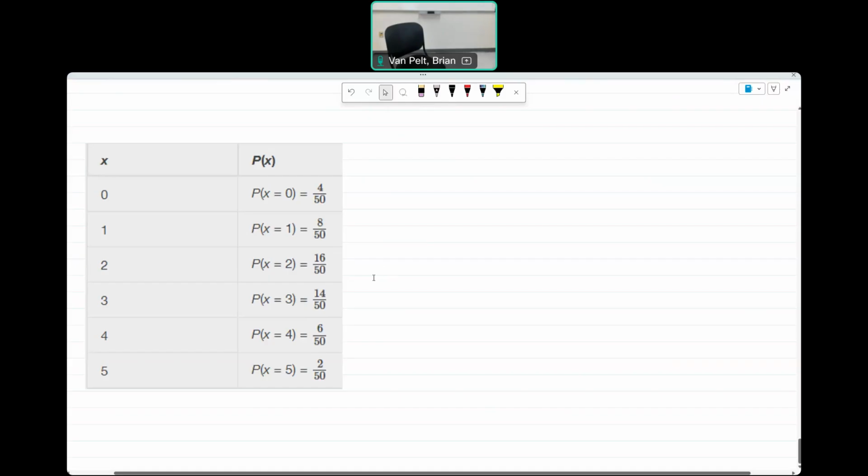So this one here, you'll notice, let's make sure it does. 4 plus 8 is 12. Plus 16 is 28. 42, 48, 50.